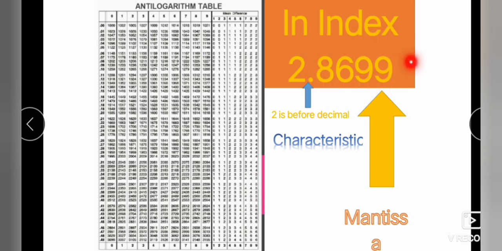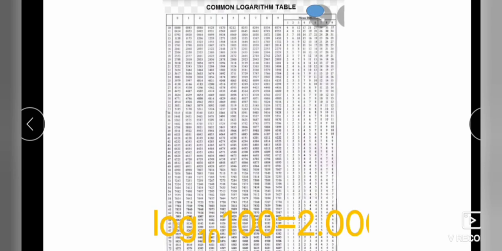Add these column values for that row and we get the index or power after the decimal, and this is the logarithm of a given number. Characteristic plus mantissa gives the logarithm of a given number.